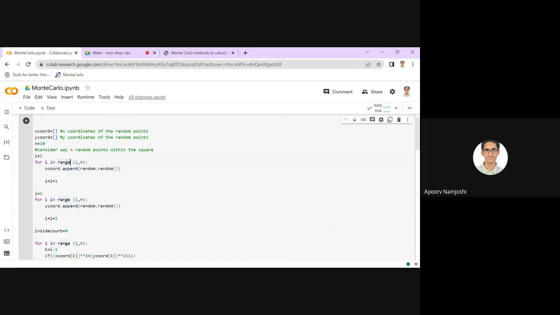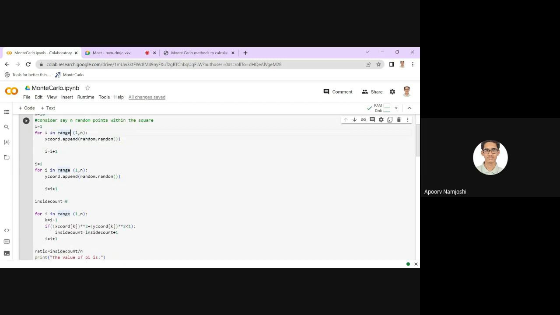For i in range 1 to n, we add a value to the list of x coordinates, which is a random value from 0 to 1. In this way, we will have n random x coordinates. Similarly, we have n random y coordinates here.